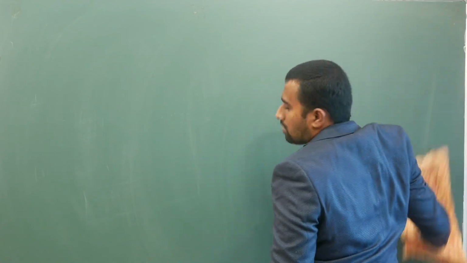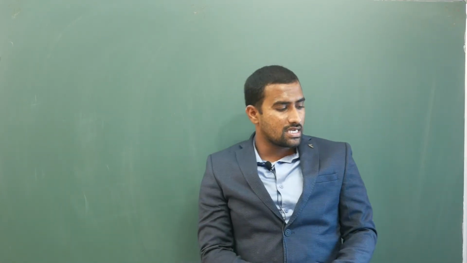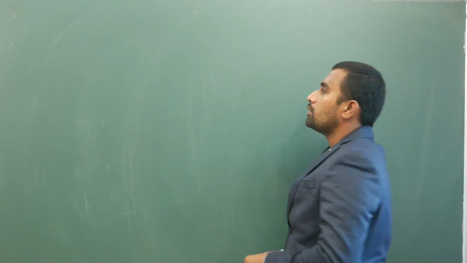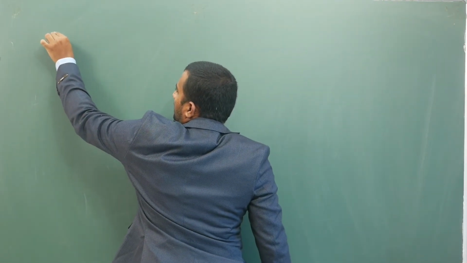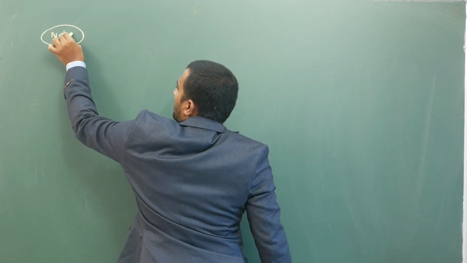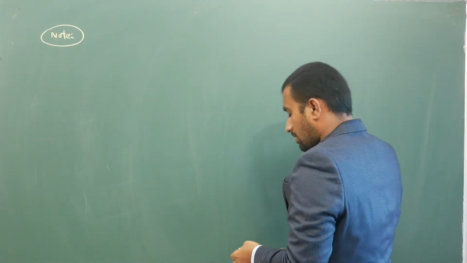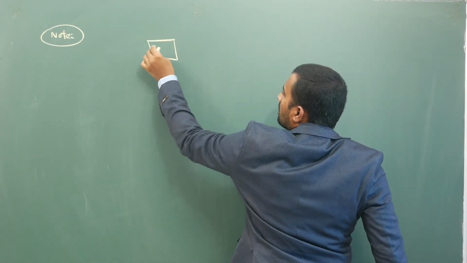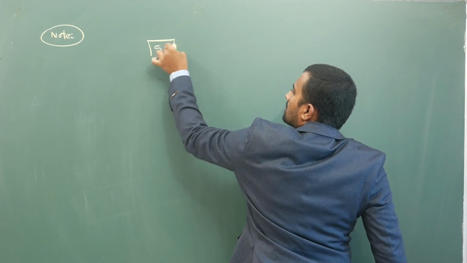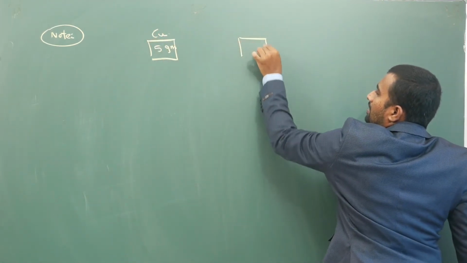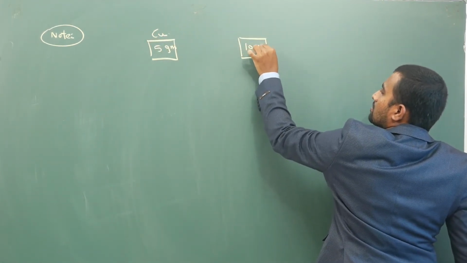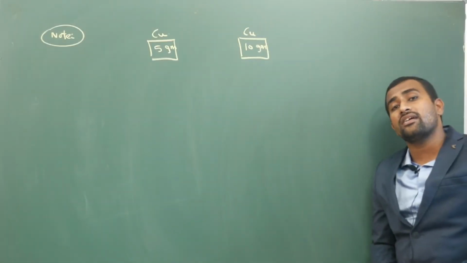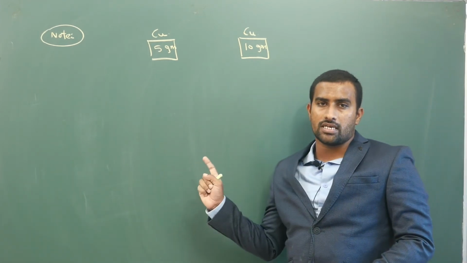Now we have defined specific heat capacity and we have defined heat capacity. I want you to keep an important note in mind. If you take two substances, let us say this is copper, 5 grams, and this is also copper, 10 grams. What is the difference between specific heat capacity and heat capacity?